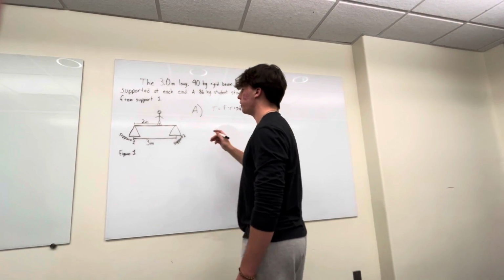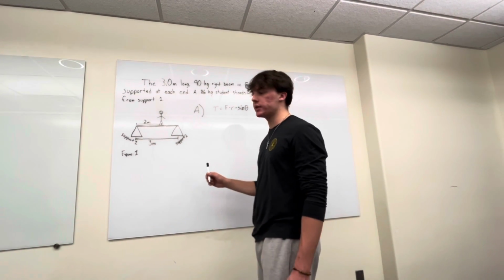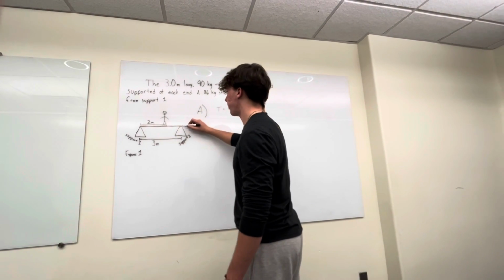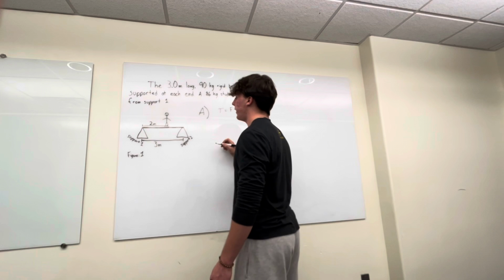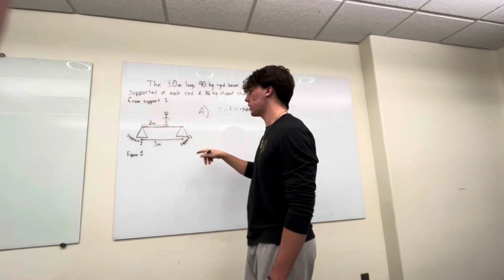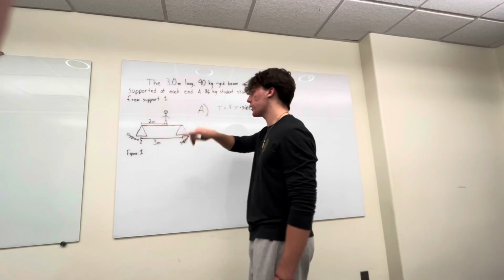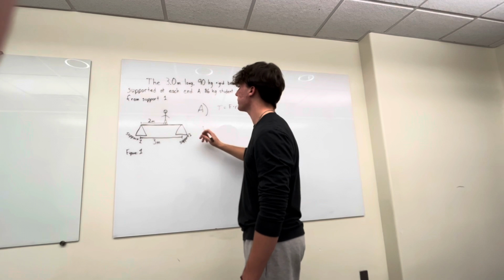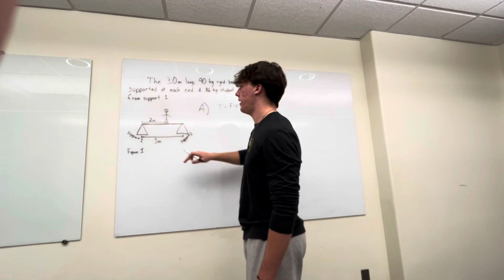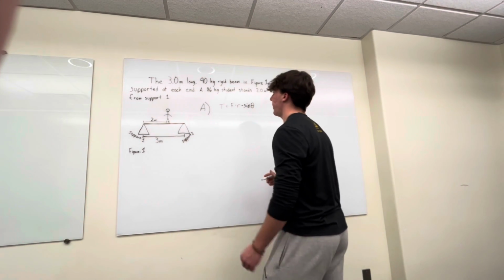To sum the torques, we would have all of the torques going counterclockwise equaling the ones that are going clockwise. So using support 2 as the pivot, we have 2 torques going counterclockwise, the person and the beam, and the one that we have clockwise is going to be support 1, which is what we're trying to find.